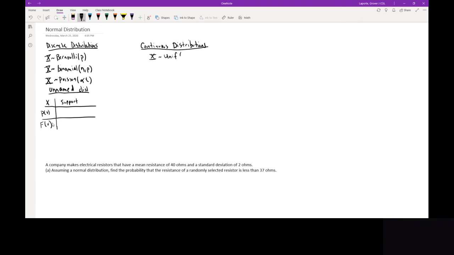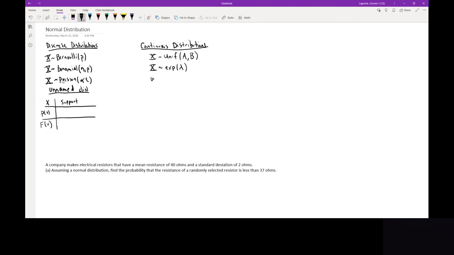The first parameter is A, the start of the uniform, and B, the end. That's a way to define that one; I only need those two parameters. We've also talked about the exponential distribution, which had just one parameter called lambda, and we've talked about the connection of the exponential distribution to the Poisson distribution in the Poisson process.